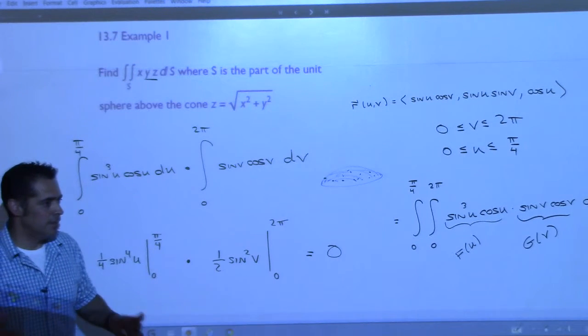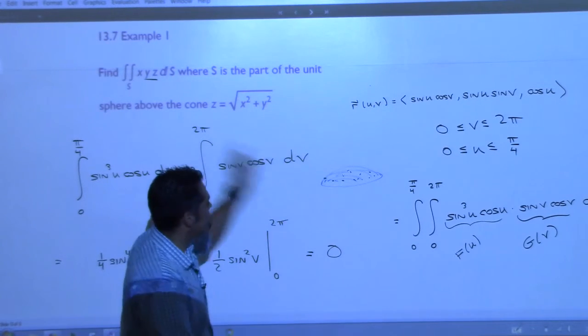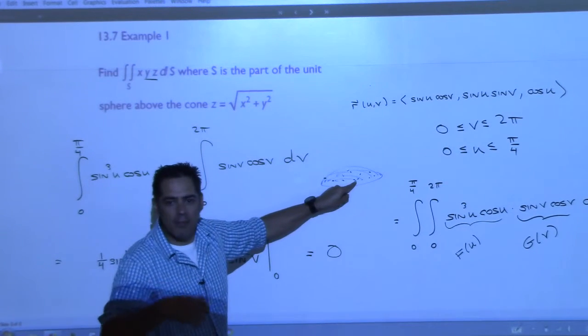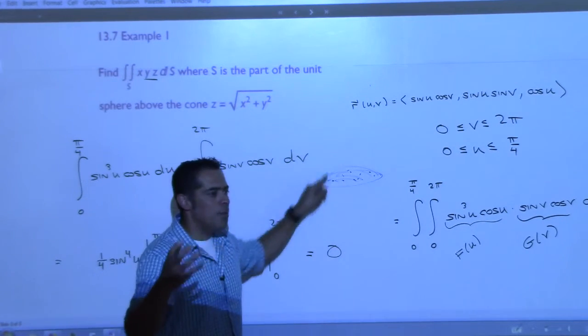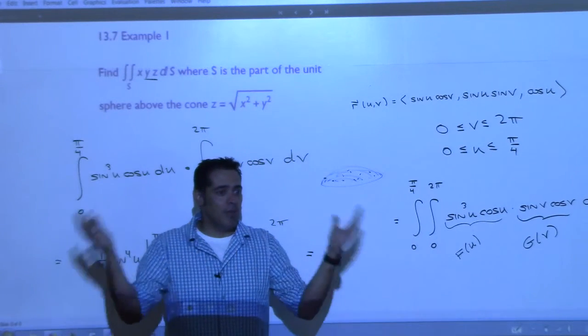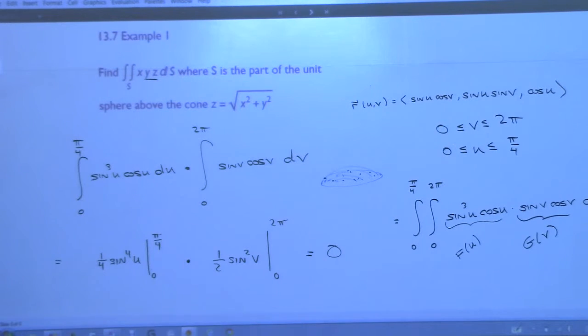Let's say you plug one point in and you get the number 3. Then you move to another point, and you get the number 2. And then you plug all the points in. When you add them up, some of them turned out to be positive, some maybe negative, and when you added them all up, it came out to be 0. Make sense? Okay.